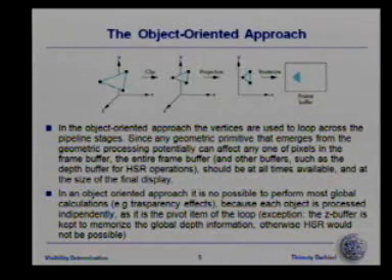Same thing for the shadows. If I want to make shadows, or any effect that has a global nature, that is, it implies a mutual interaction between at least two objects, then in an object-oriented approach, you need an additional buffer. Mind you, each buffer is like a grid. I refer to the same information in the same grid.